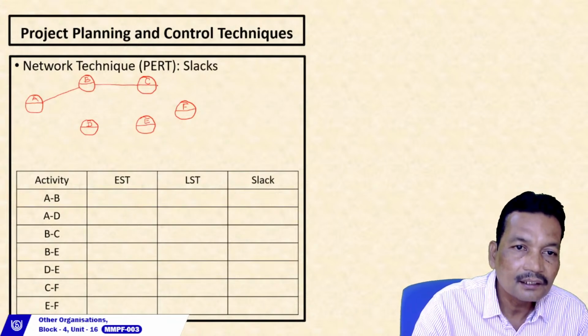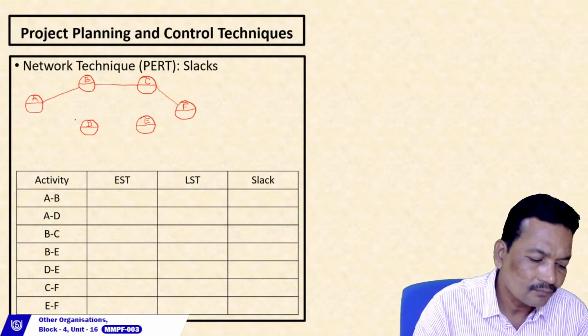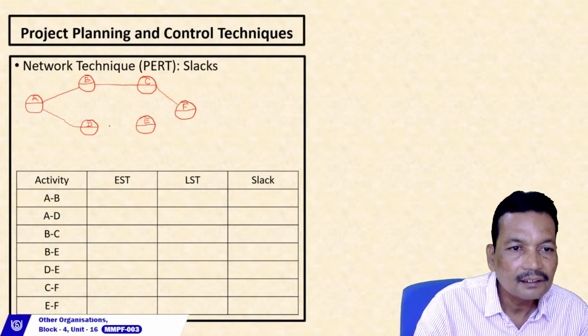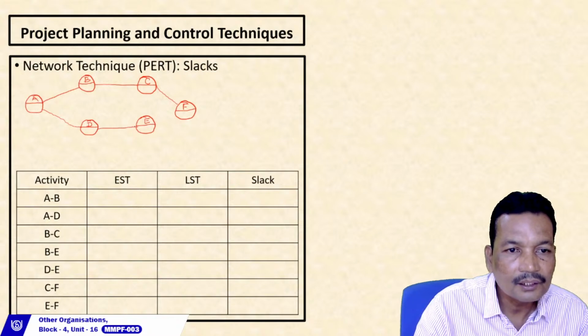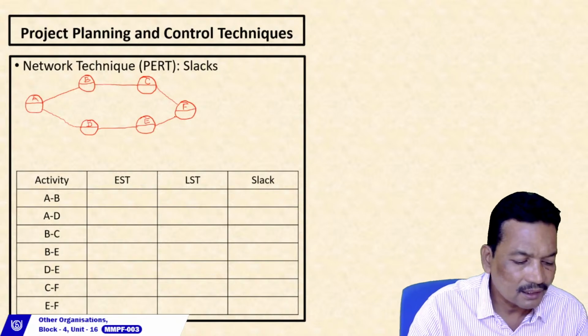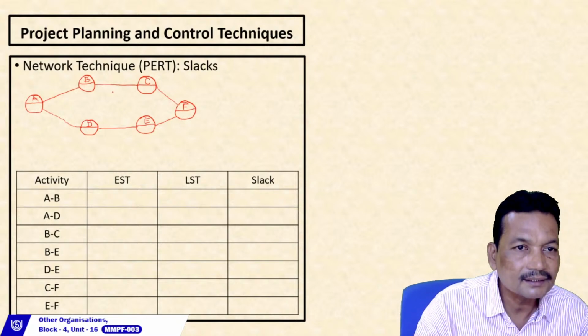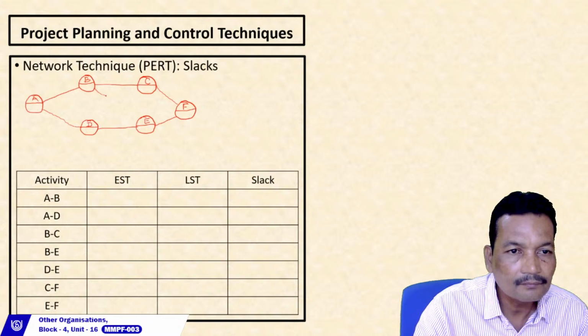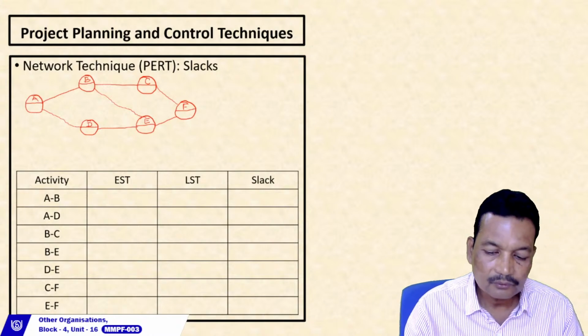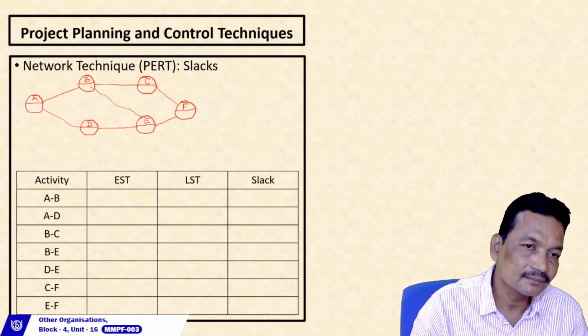Then one activity is CF, another is AD, then we have DE, EF. We are still left with one activity, that is BE. All are in straight lines. We have to show them in straight lines.